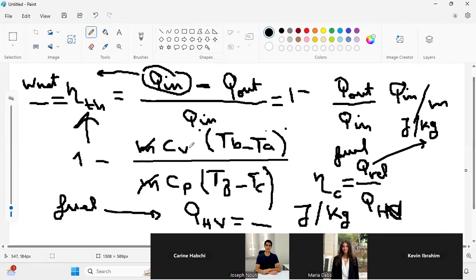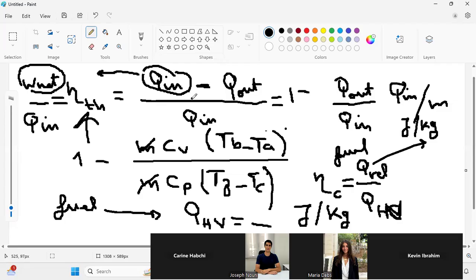So if you calculated the thermal efficiency from temperatures and you already have computed W net, you can deduce the value of Q input from this equation: Q input is equal to W net over the thermal efficiency. This is the actual, useful input that you are able to extract from your cycle.